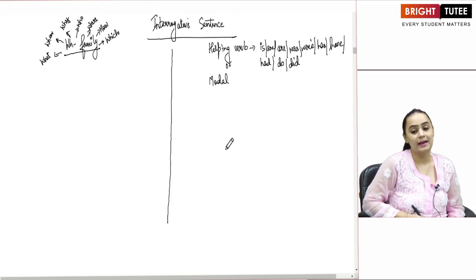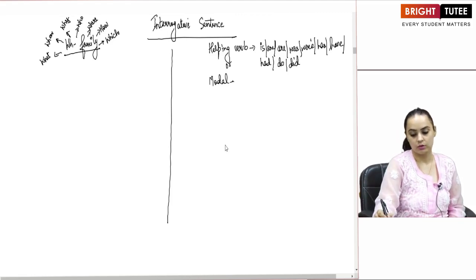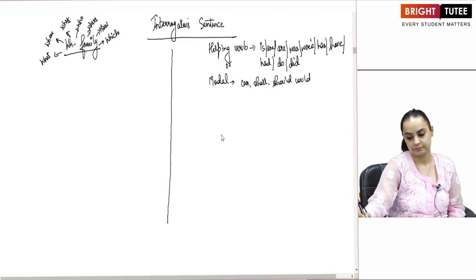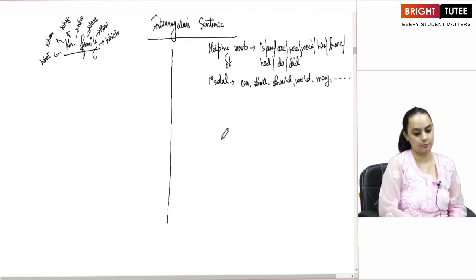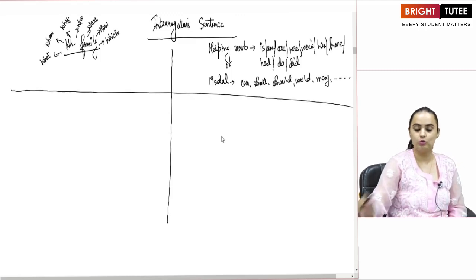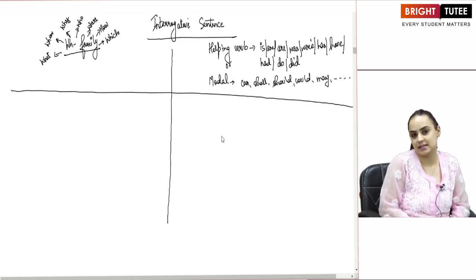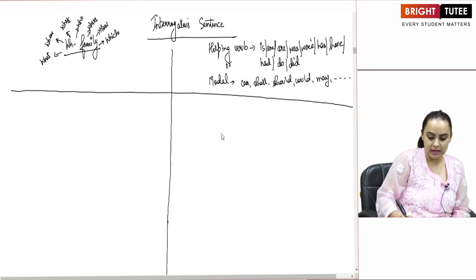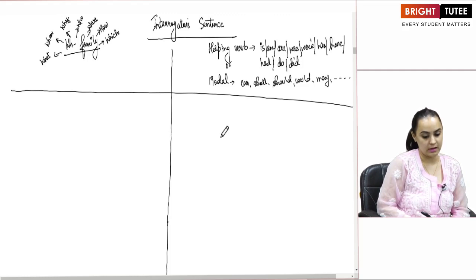These are my helping verbs. And what are modal verbs? Can, shall, should, could, may, and so on and so forth. So these are the two types of beginners that we have for our interrogative sentences. We'll discuss both of them one by one.